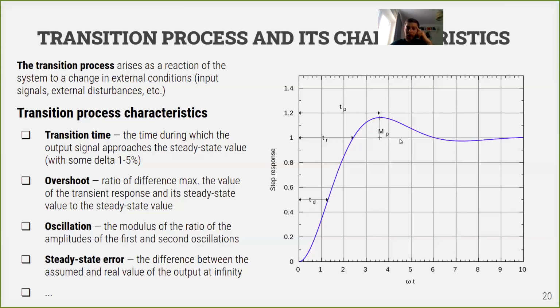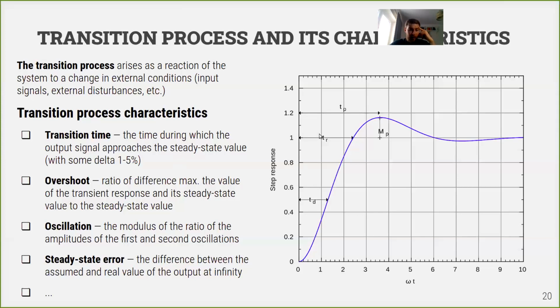to overshoot. But usually there is a trade-off between overshooting and transition time. So we want to reach our desired state, our desired signal level as fast as possible, and usually it leads to bigger overshoot. So there is a trade-off. Also, there is oscillation.